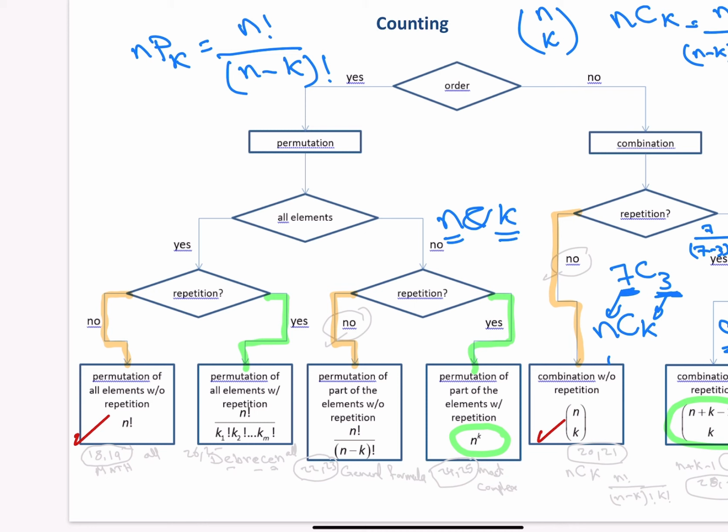But here we are taking only a sample of the full domain, which sample is k, not the full number. That's why the number of options here is 4, 1 2 3 4, and the number of options here is 2 only, because here there is all elements and then repetition, but here we jump directly to combination with repetition.